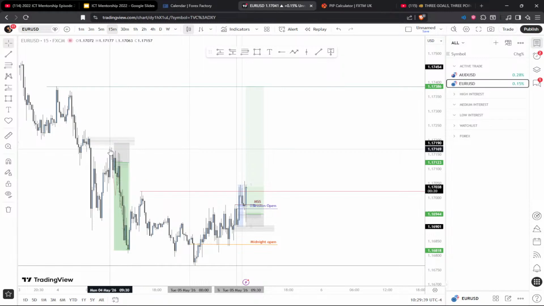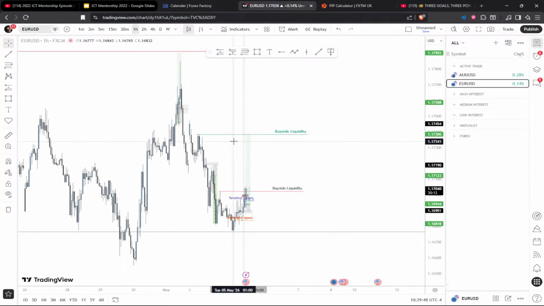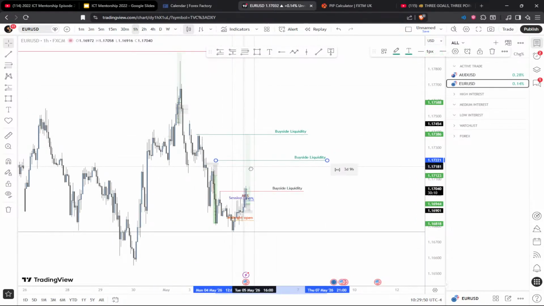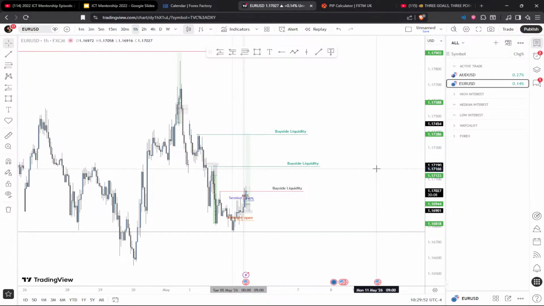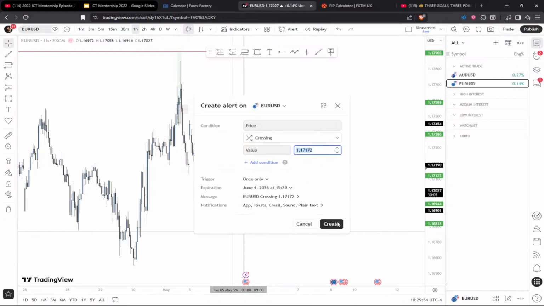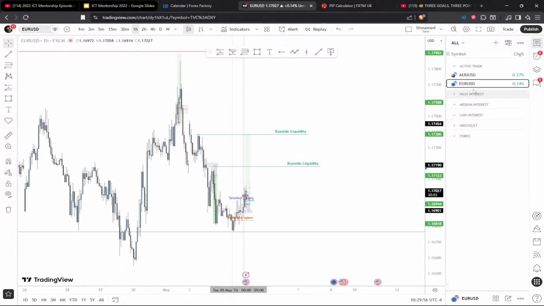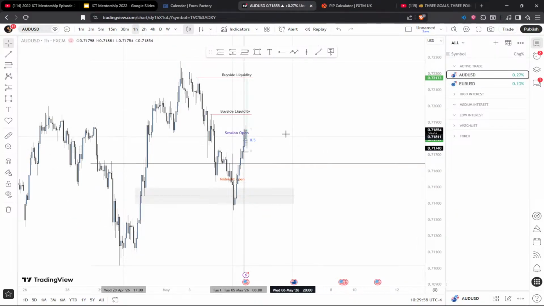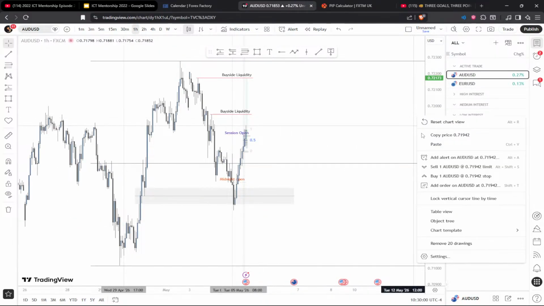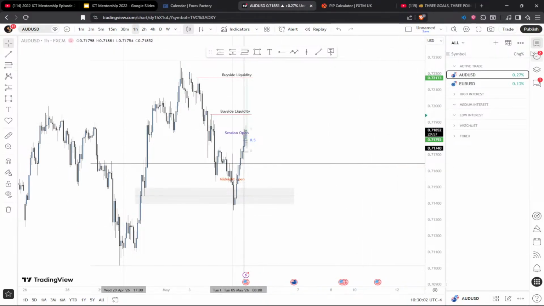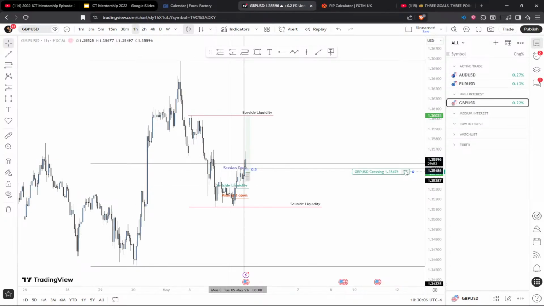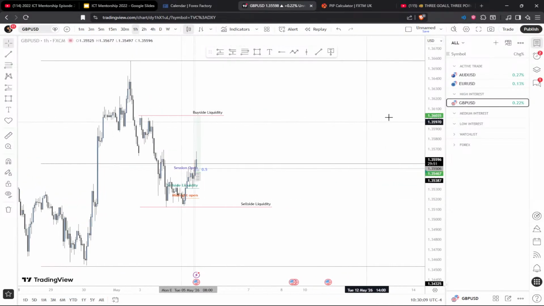What we would do normally is wherever there is liquidity, especially equal highs and lows, we would target them. So I'm going to set alerts instead. Alert there and alert here. Then we can take out the GU alert because we're not interested anymore.